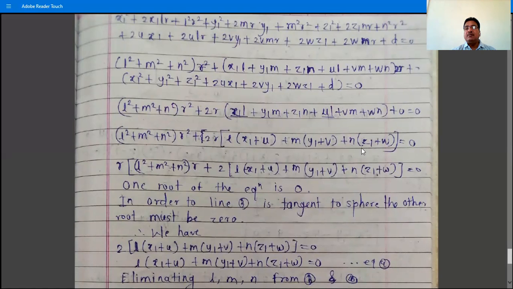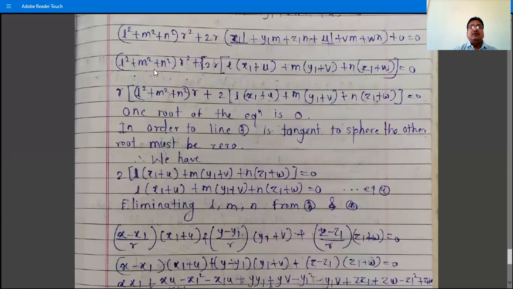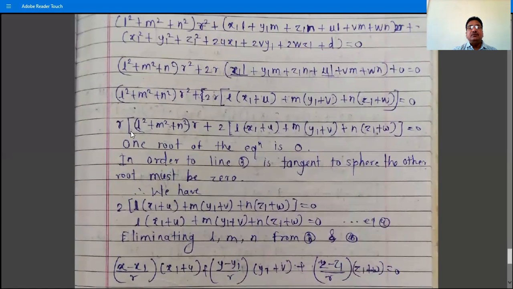Then take n as common, so we have (z1 + w). Square bracket complete, is equal to 0. Then take r common from these two. We have in square bracket (l² + m² + n²) r in another bracket plus 2, with the remaining terms, is equal to 0.